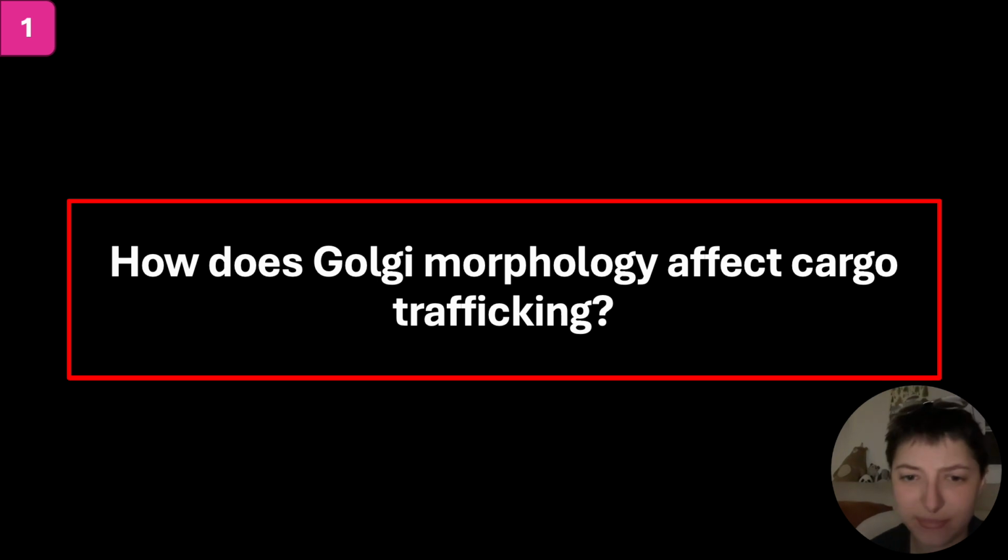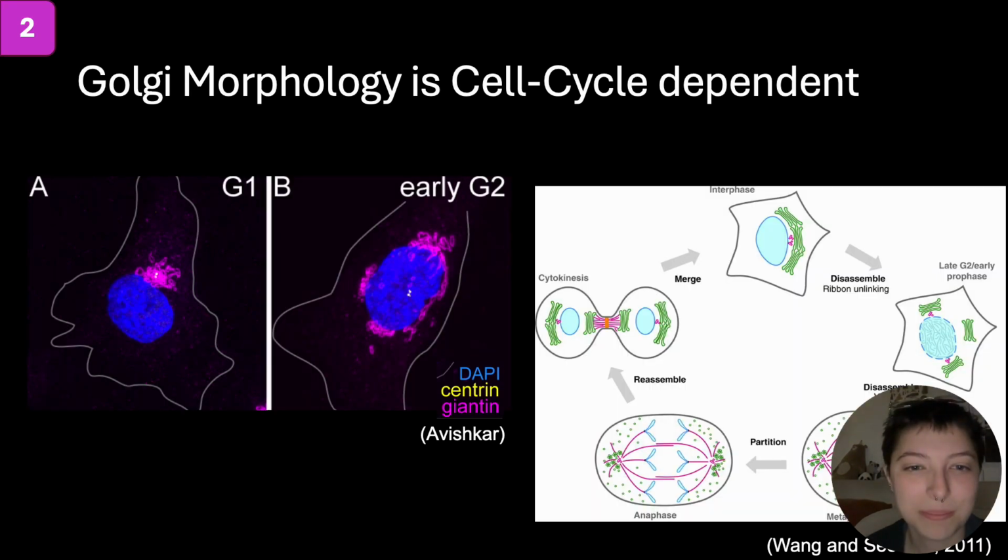And so, okay, now we can get into the actual project, where my question is, how does the Golgi morphology affect cargo trafficking? To give some background on why we're asking that question: depending on the cell cycle, you have either a compact Golgi or an extended Golgi.